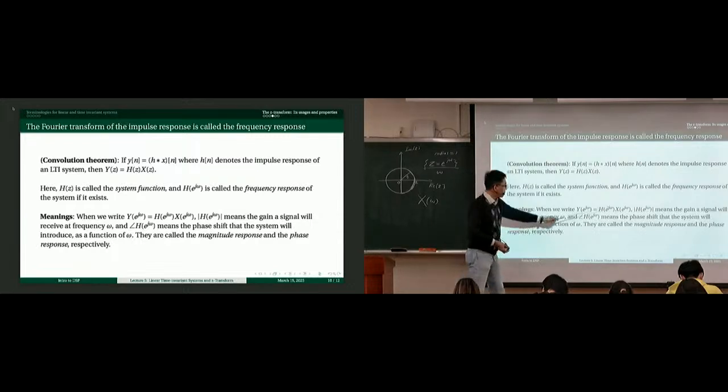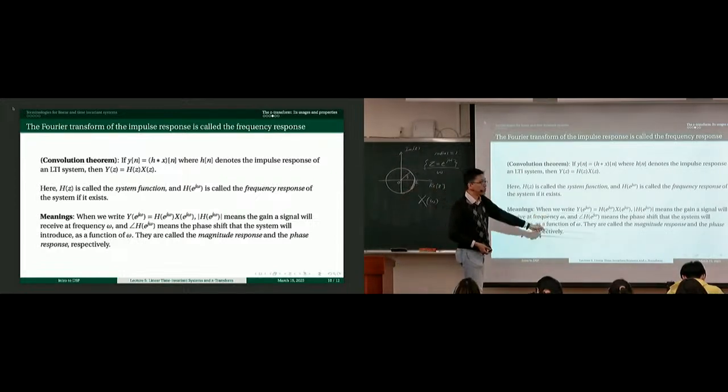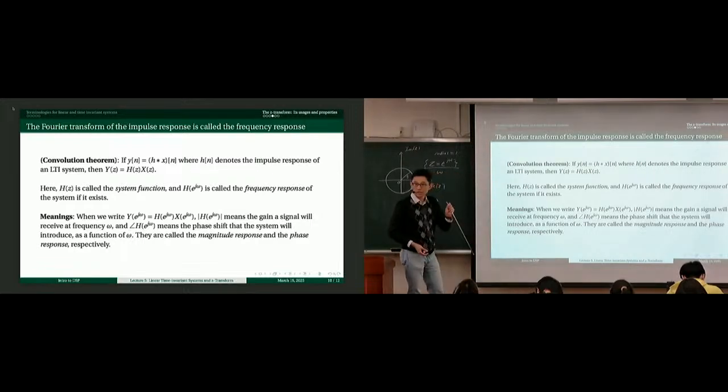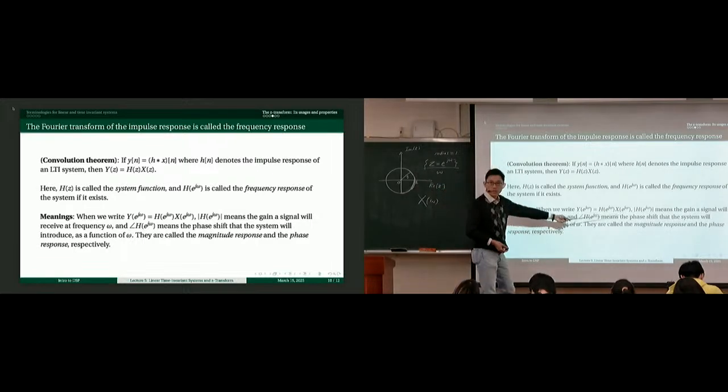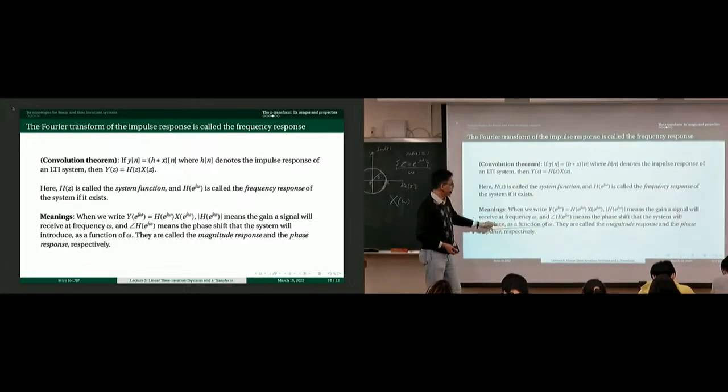The absolute value here means the gain a signal will receive at any frequency omega, and the phase part means a phase shift, because when we multiply in the complex plane, phase is adding. So we can refer to these two functions as the magnitude response and phase response of a system. That's probably all I need to emphasize right here.